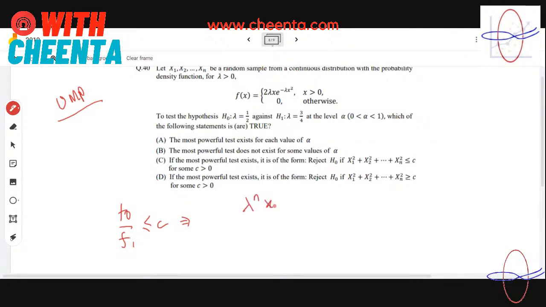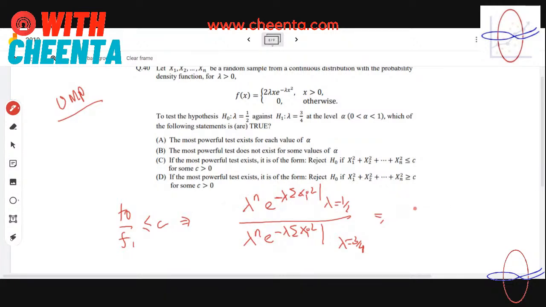The product of xi will get cancelled. c to the power minus lambda summation xi square given lambda is equal to half, by lambda to the power n e to the power minus lambda xi square given lambda is equal to 3/4. So you get half by 3/4 whole to the power n, which is some constant. That doesn't matter, okay?